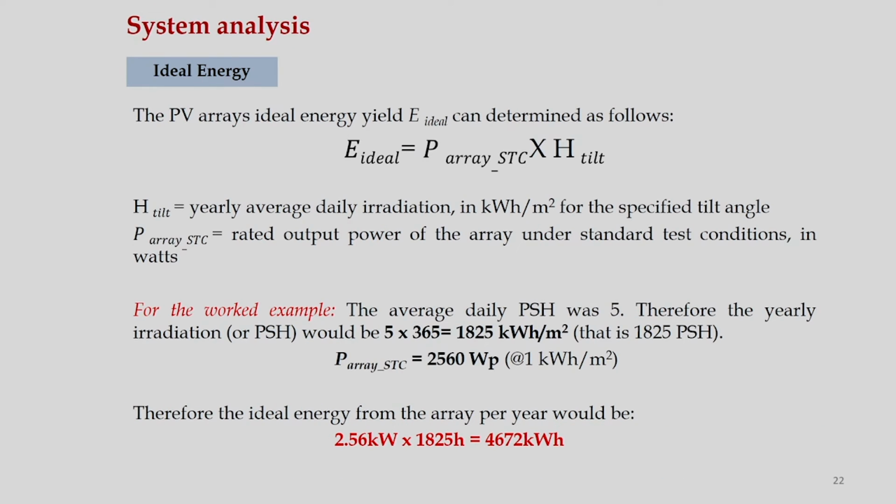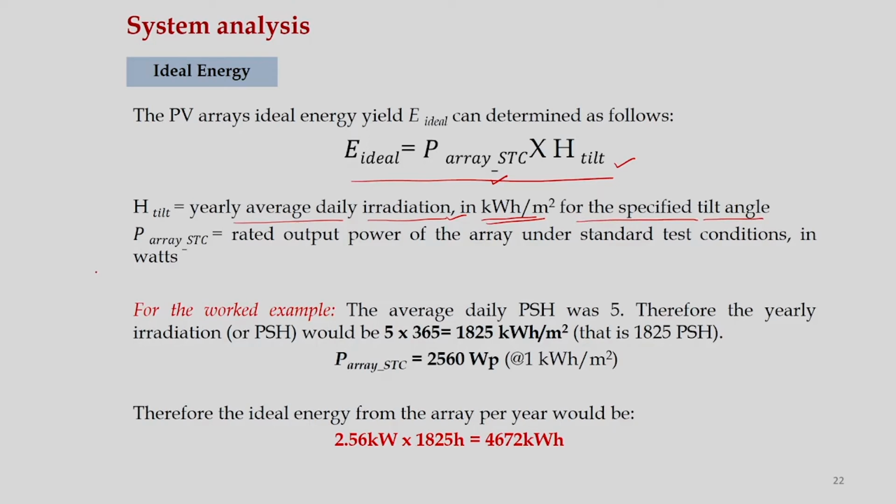Now, let us calculate the ideal energy, that is the PV array ideal energy yield, which can be determined by using this expression. P array STC is known to us because we know the rating, and then H tilt. What is H tilt? It is the yearly average daily irradiation, that is an average irradiation data, normally represented by kilowatt hour per meter square for a specified tilt angle.